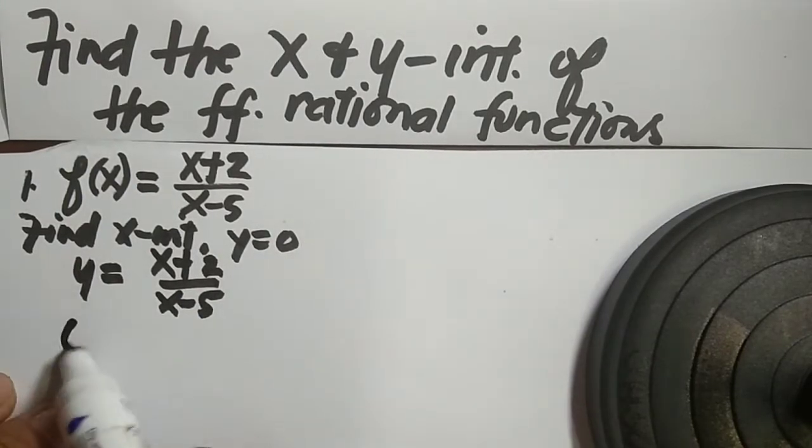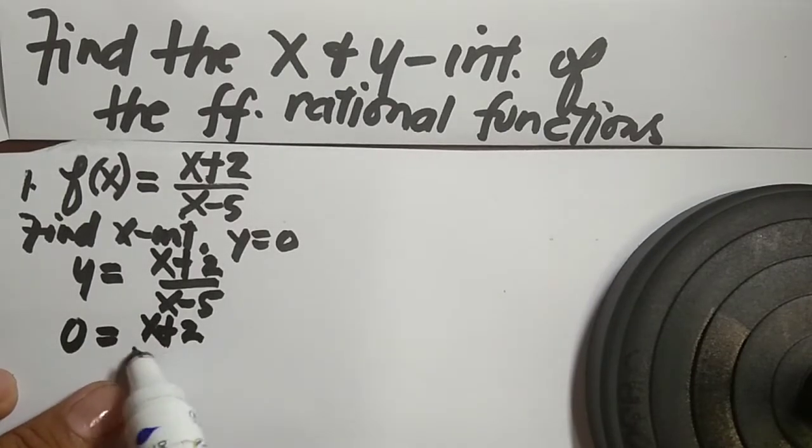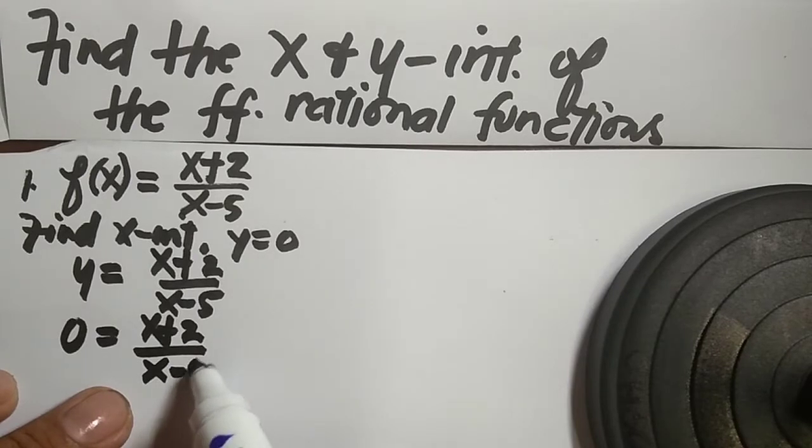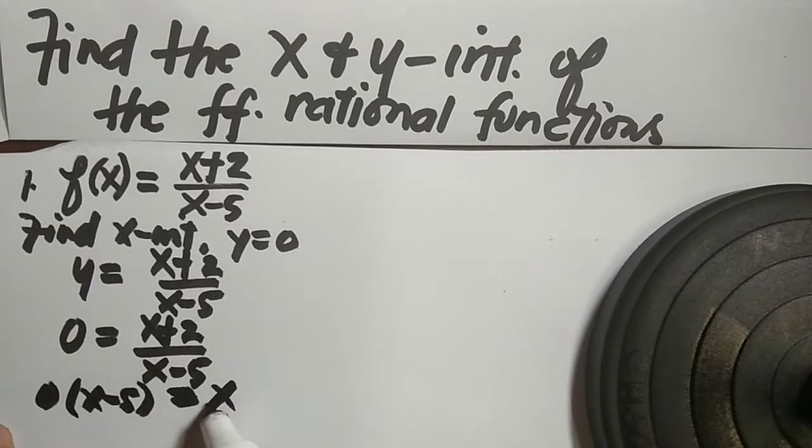So 0 equals x plus 2 over x minus 5. Next, we cross multiply: 0 times x minus 5 equals x plus 2.